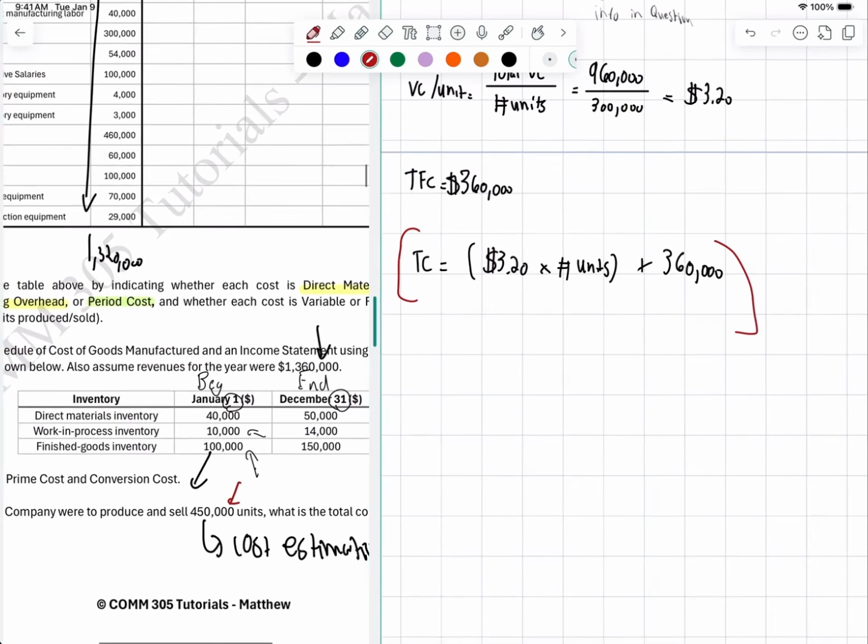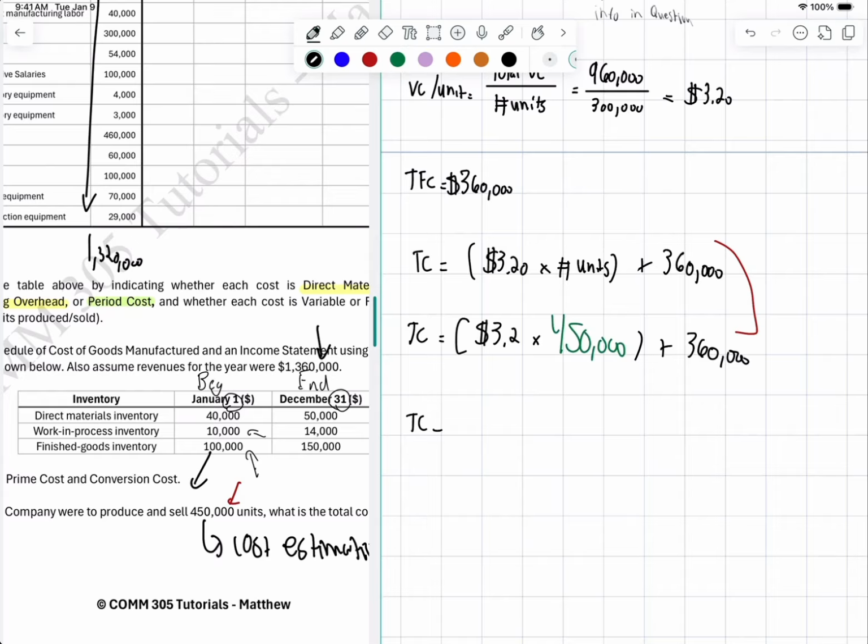Now that we know the cost function for 300,000, all we have to do, instead of plugging in 300,000 like we did just before, is plug in 450,000. So let's do this here. Our total cost is our variable cost per unit of 3.2 times the new 450,000, plus the fixed cost of 360,000.